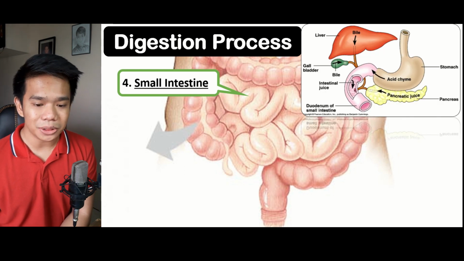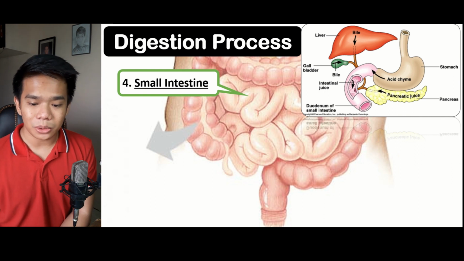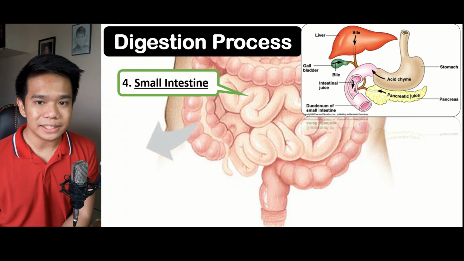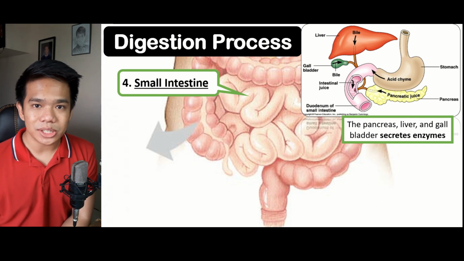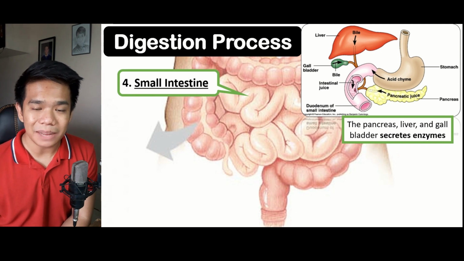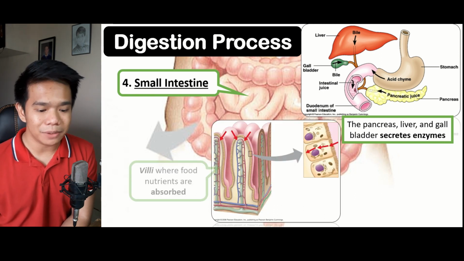And as the chyme enters the small intestine, the liver, together with the pancreas, will be secreting different enzymes in order to help for the further chemical digestion. So after the chemical digestion of food into nutrients, these nutrients will then be absorbed within the bloodstream through the help of the villi.